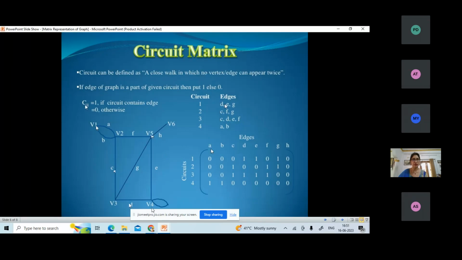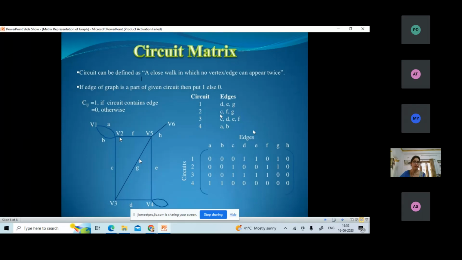Circuit 1 has edges D, E, G, so D, E, G are 1 and the rest are all 0. Circuit 2 has C, F, G, so C, F, G are 1 and the rest are all 0. Similarly for circuits 4 and 5. So this is a matrix representation between circuits and edges, known as the circuit matrix.